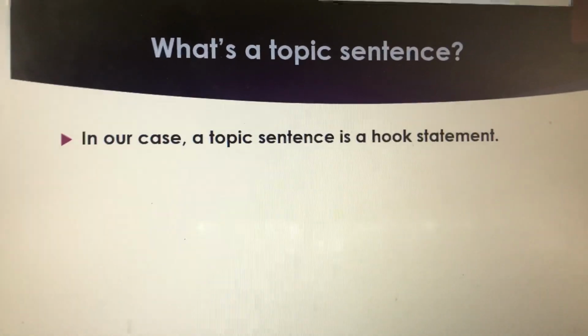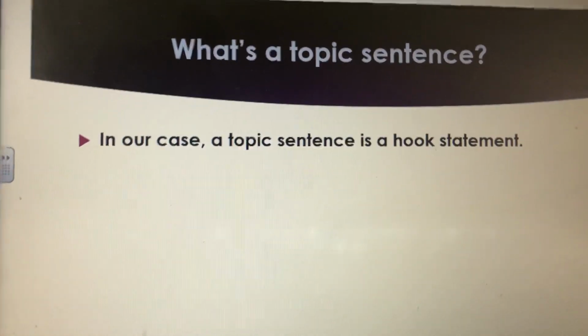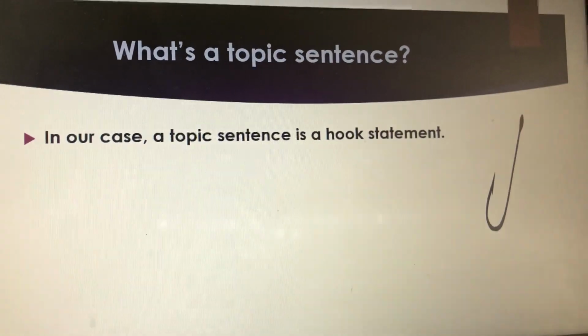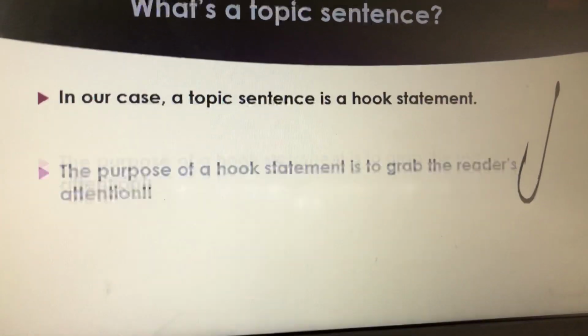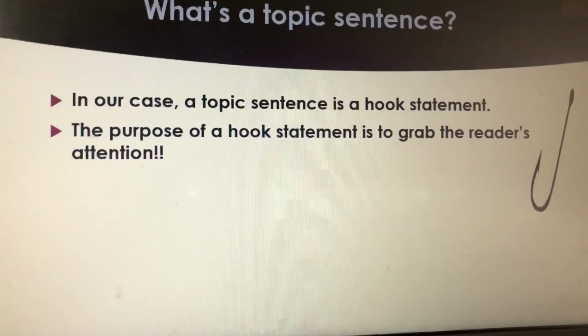In our case, in 4th grade and in 5th grade when you get there, a topic sentence is what we call a hook statement. The purpose of a hook statement is to grab the reader's attention.